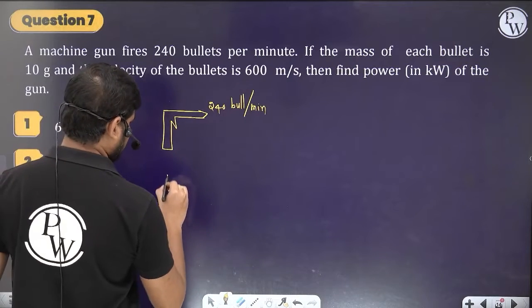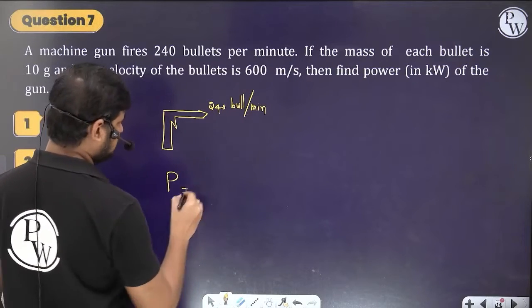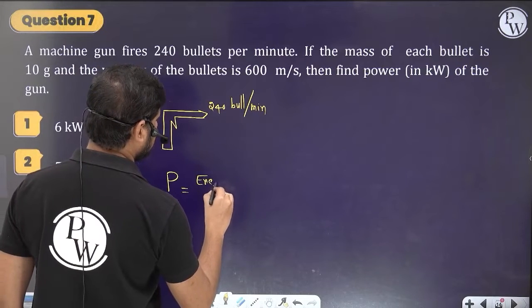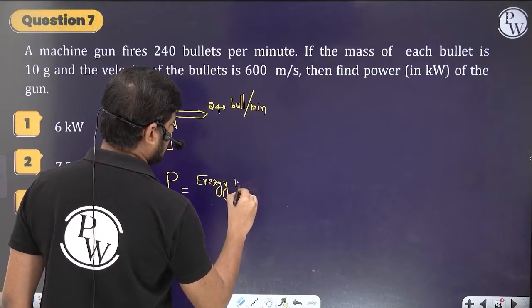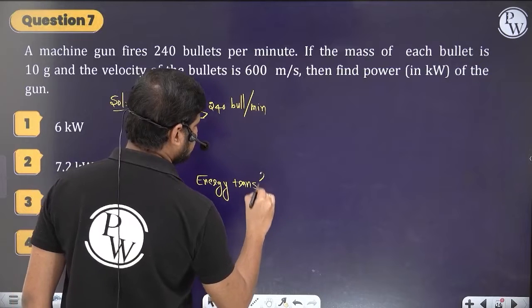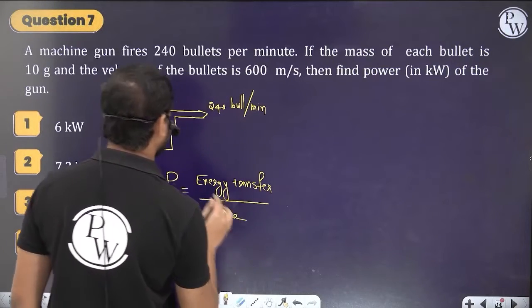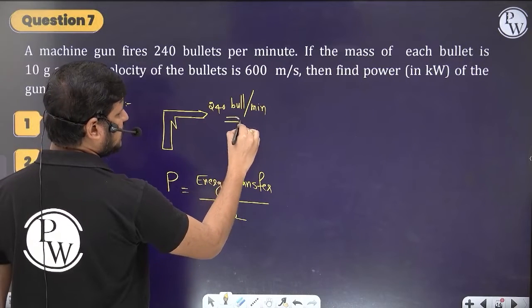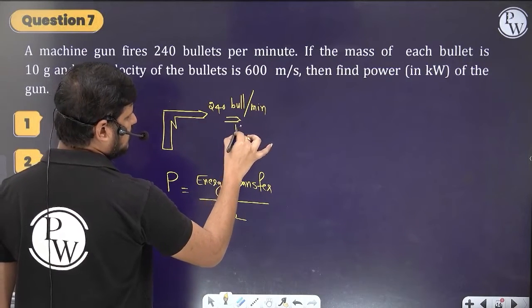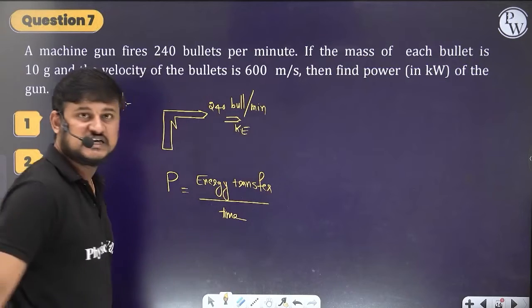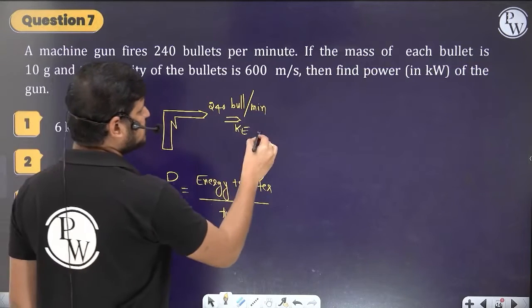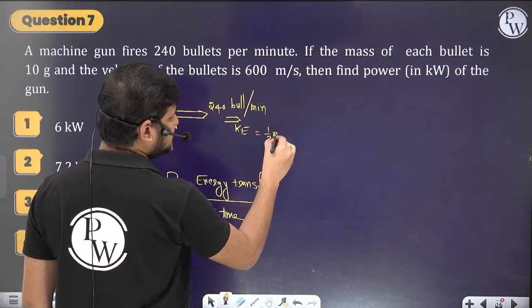Power is equal to energy transfer by time. What is the energy transfer? Once the bullet is released from the gun, it will possess kinetic energy, half mv square.